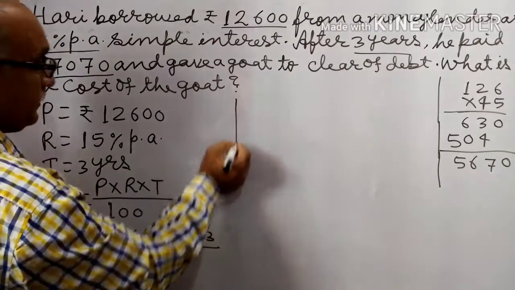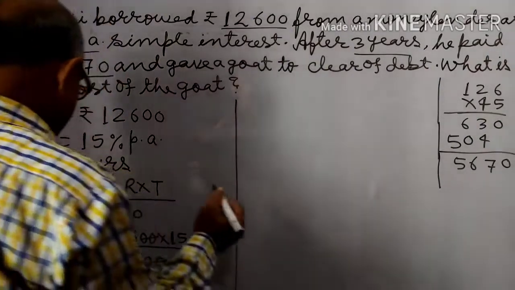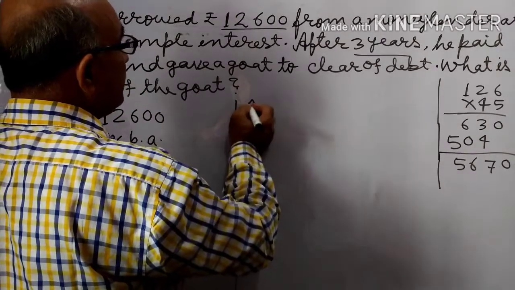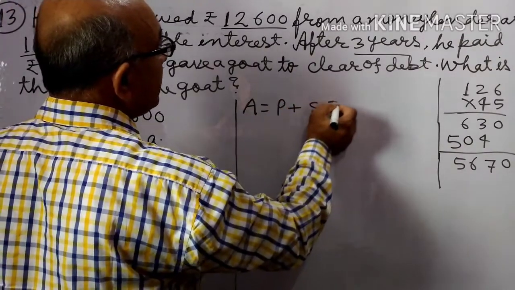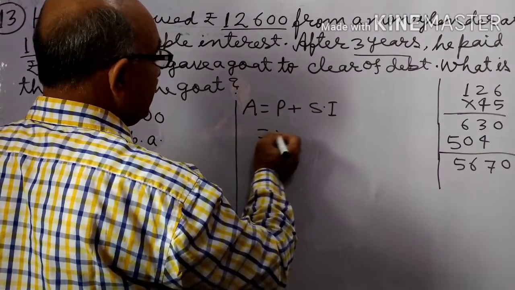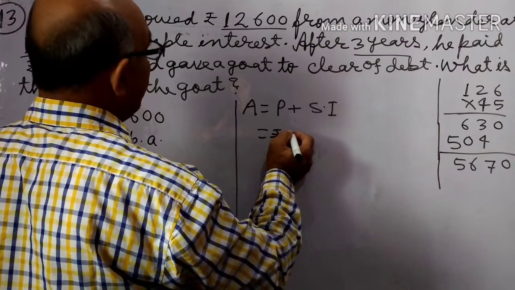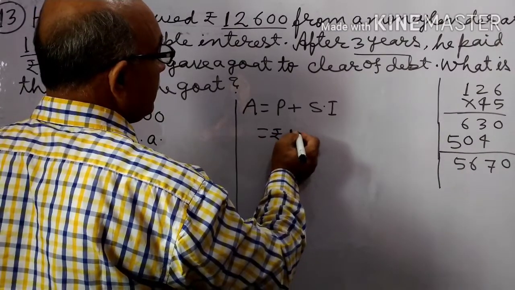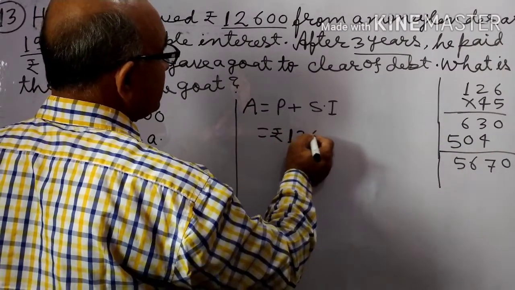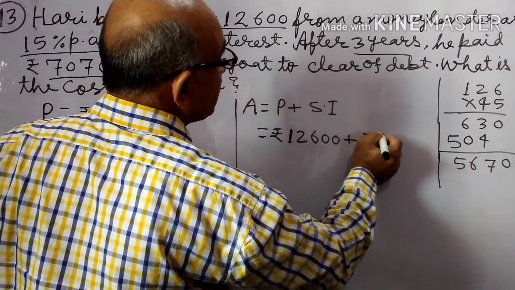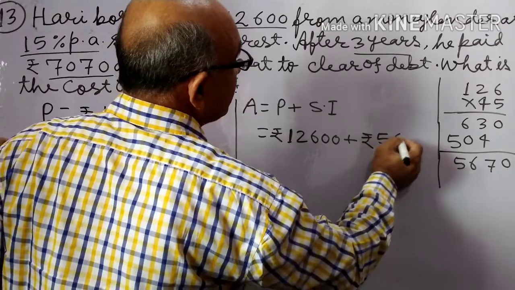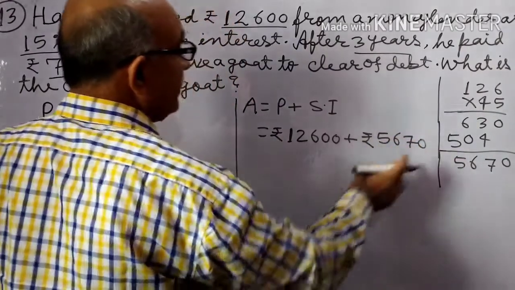5,670 rupees. Now find amount A equals P plus SI, equals rupees 12,600 plus rupees 5,670.